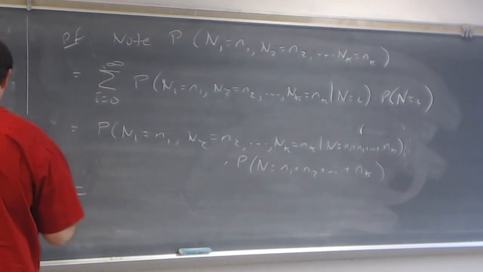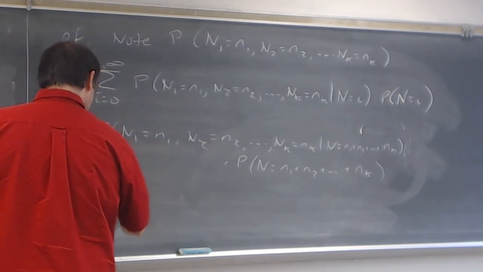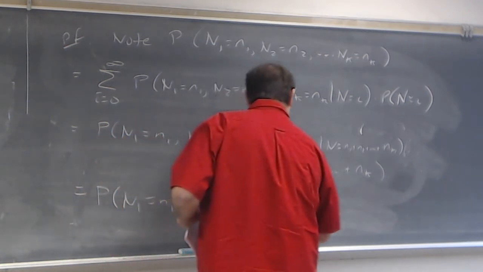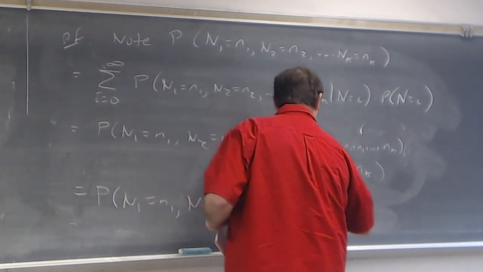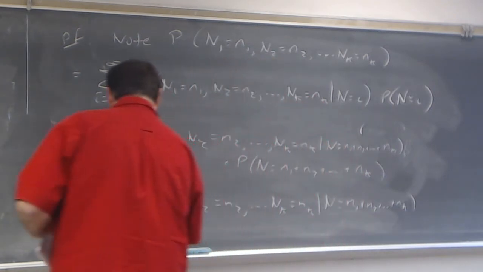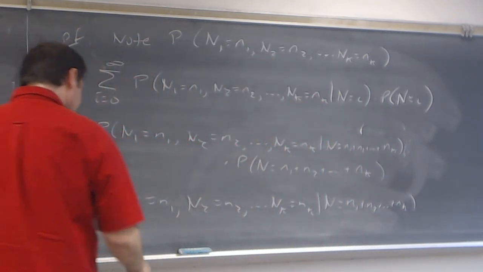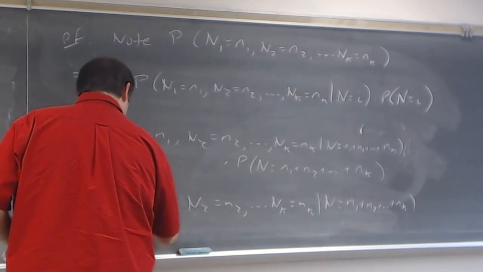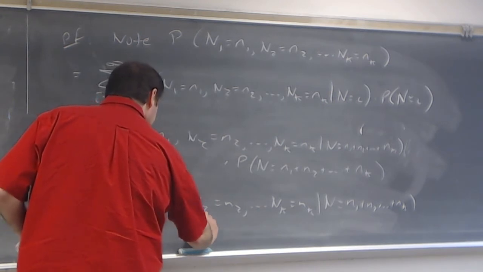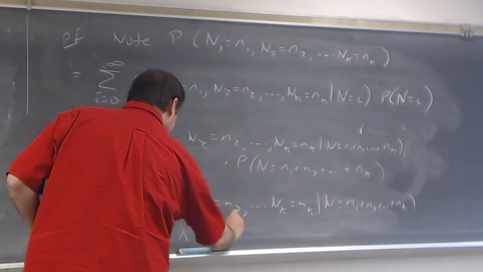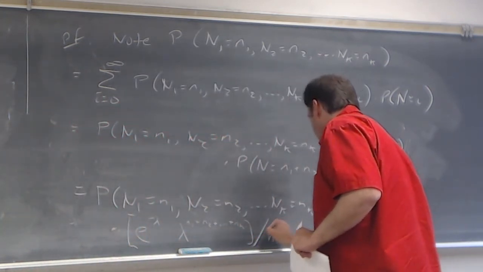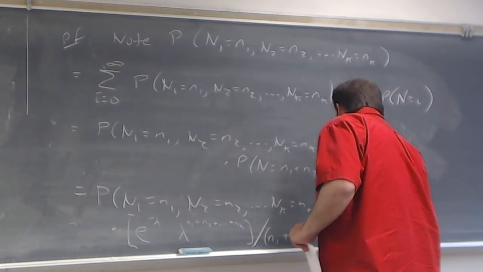Here that's the same thing as this first conditional probability, which I'll leave alone: N sub 1 equals little n sub 1, N sub 2 equals little n sub 2, N sub k equals little n sub k, given N is equal to this sum, times, remember N is Poisson distributed, so this would be e to the minus lambda, lambda to the n sub 1 plus n sub 2 plus all the way up to n sub k, all divided by n sub 1 plus n sub 2 plus n sub k factorial.